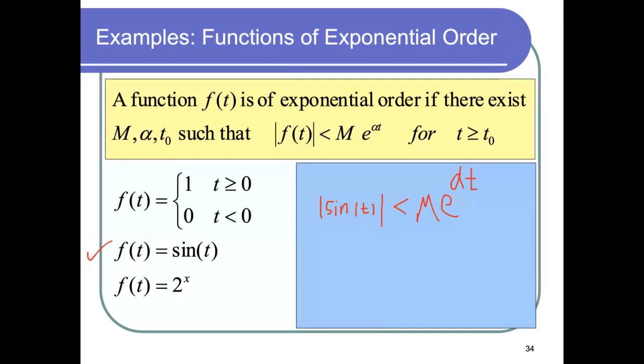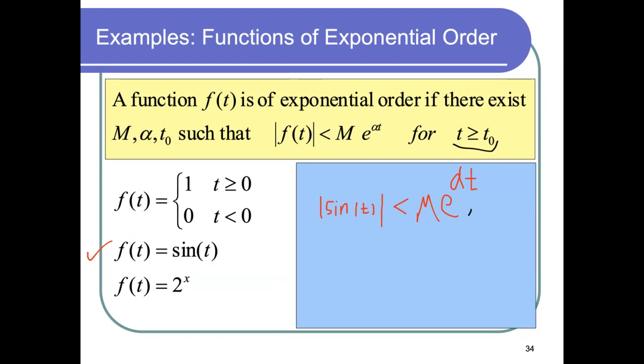Yes, Mazen. We can set alpha and t naught equals to 0 and m to be greater than 1. Okay, you can set alpha to be 0. You do not set t. We want this condition to be satisfied for all t greater than t naught, but you can set t naught to be 0.